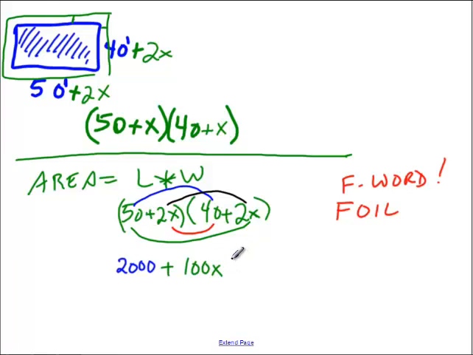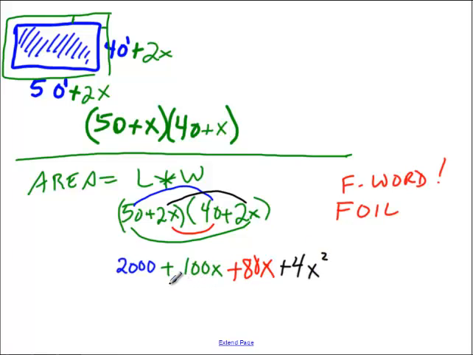Now we take a look at the inside terms. Again, positive times a positive, positive. 2 times 40, 80. And then x is the variable, x. All right. A little bit cleaner there, sorry. And then the last one is 2x times 2x is positive times a positive is a positive. 2 times 2 is 4. X times x is x squared.